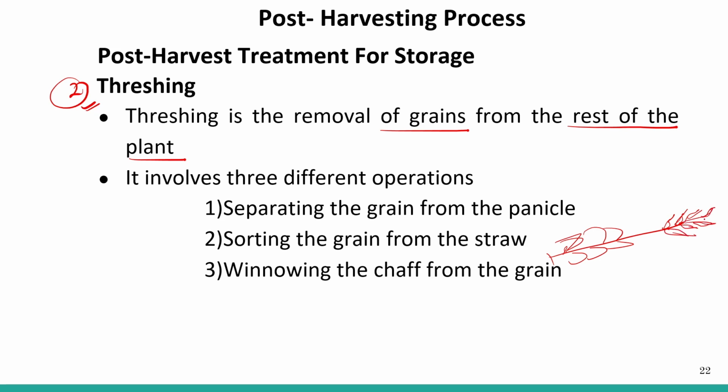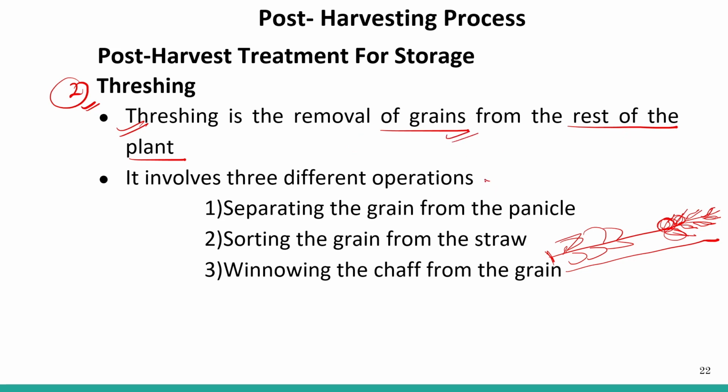Suppose these are the seeds. So what is the requirement for these seeds, and what is the harvested product? This is the harvested product, so we should go for threshing. Threshing means removal of the seeds from the whole plant.